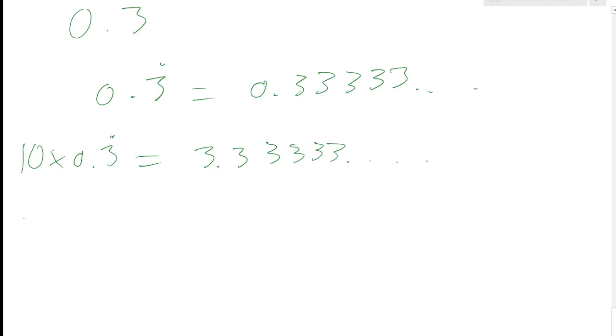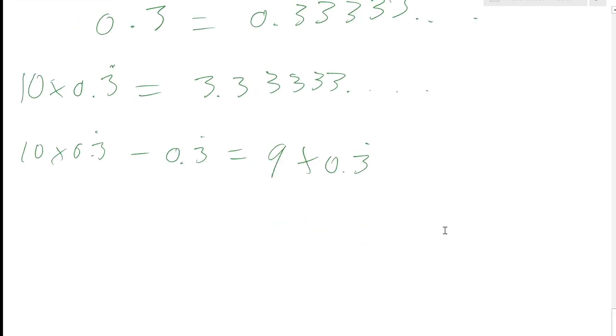And 10 times 0.3 recurring minus 0.3 recurring is obviously 9 times 0.3 recurring. But we also know that 10 times 0.3 recurring minus 0.3 recurring is 3.33333, etc., minus 0.333, and so on.